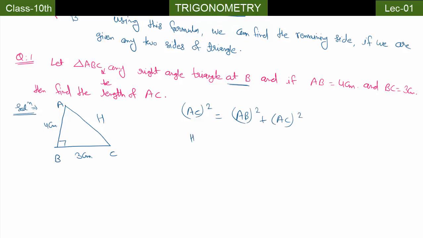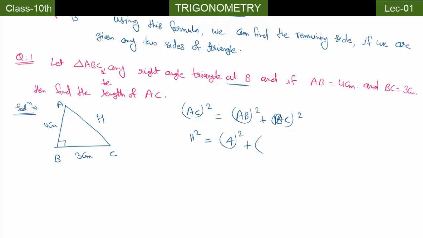AC, the hypotenuse, squared equals AB squared plus BC squared. Since AC is the hypotenuse, AB and BC are the remaining sides, so the square of the greatest side equals the sum of the squares of the remaining sides.